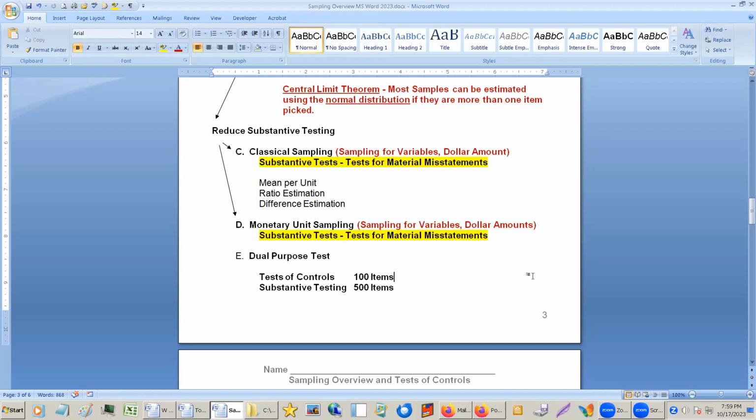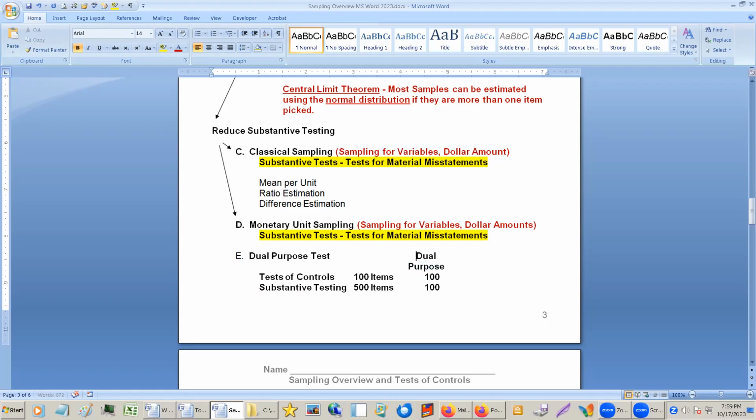So here is what we would end up doing: the 100 items we picked for the test of controls, this will be our start.